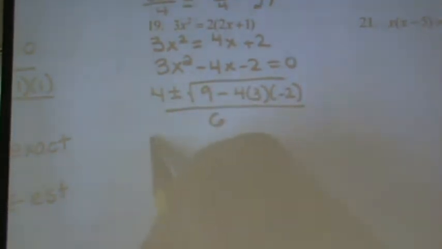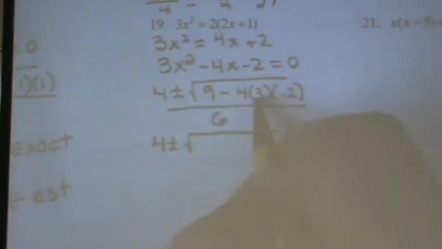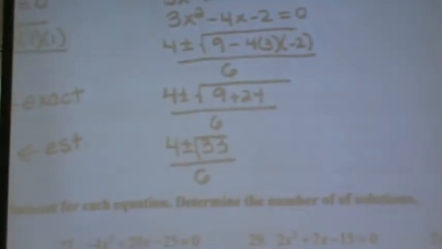Next, let's simplify. We have 9, this is going to be plus. 12 times 2 is 24, so 9 plus 24, all over 6. 9 and 24 is 33. And there's nothing we can do there. Let's leave it alone.